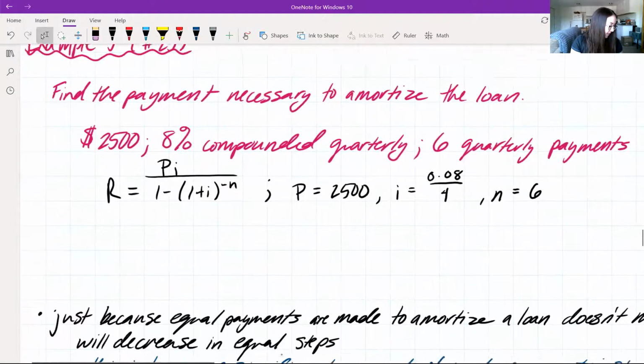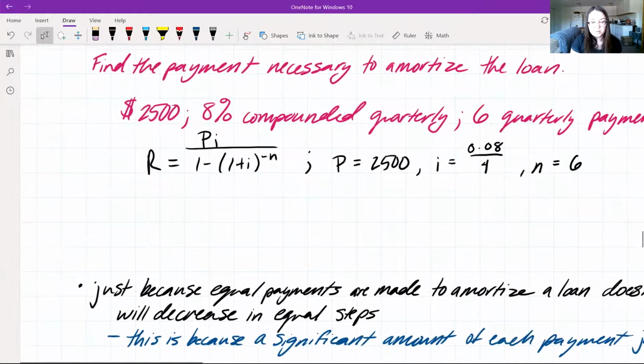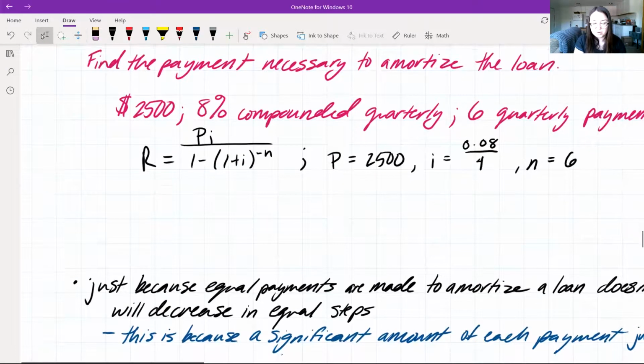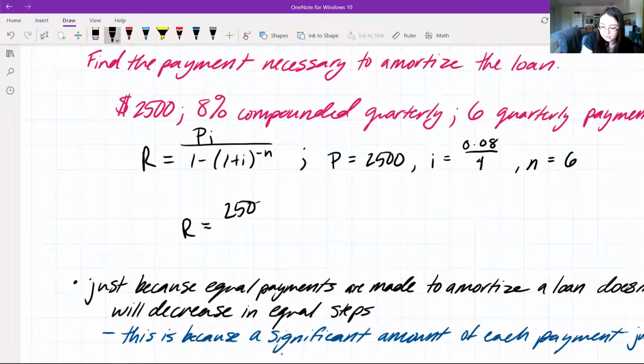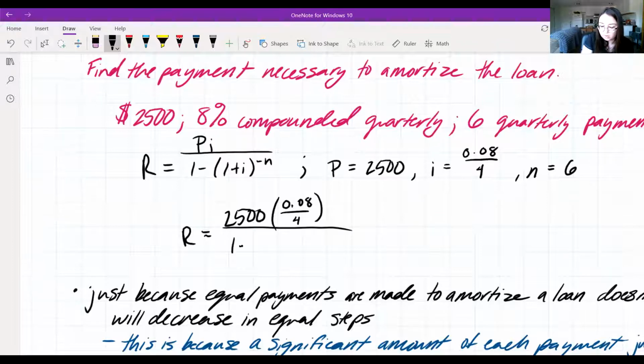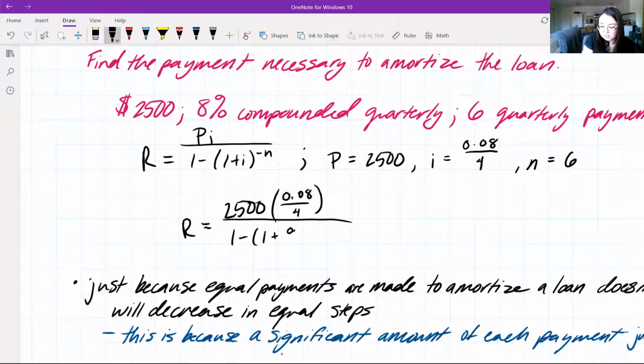All right, so now we just want to plug all these values into our equation. So we get R is equal to 2,500 times 0.08 divided by 4, divided by 1 minus 1 plus 0.08 divided by 4 to the negative 6th power.